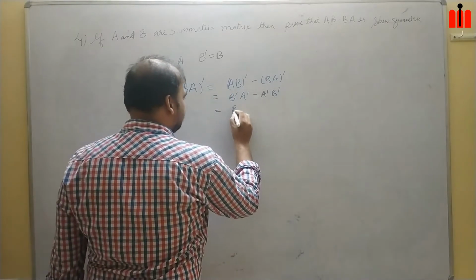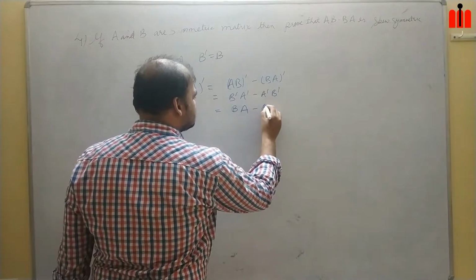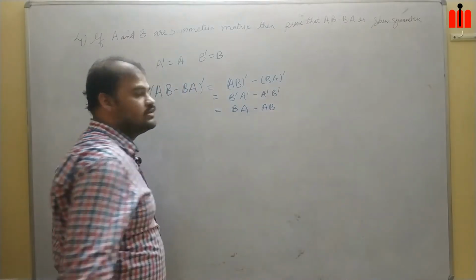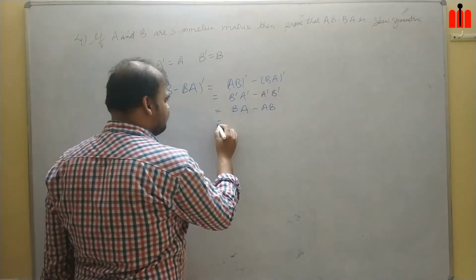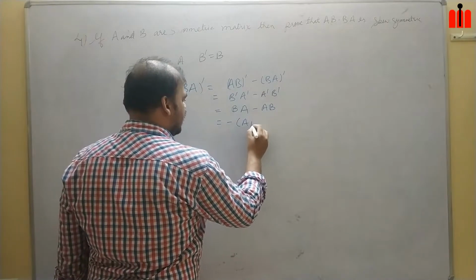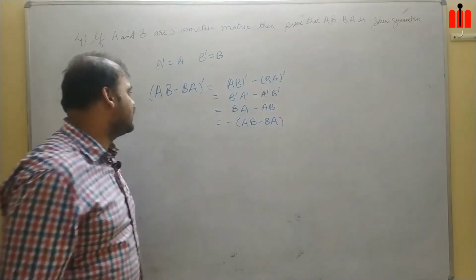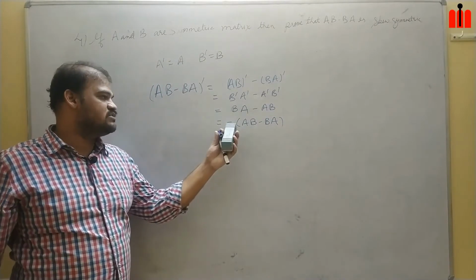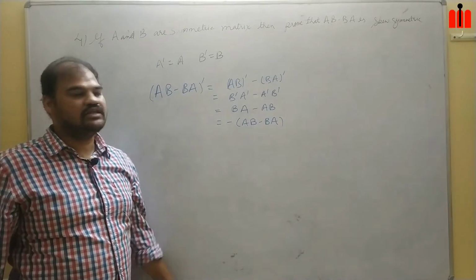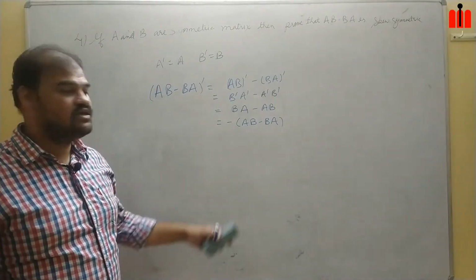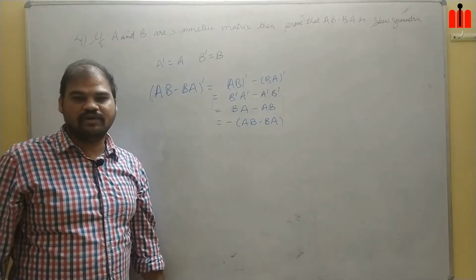So it will become BA minus AB, right? So it will become minus of AB minus BA. Okay, so the transpose of AB minus BA is minus of AB minus BA. That means this is skew symmetric. This is the definition of a skew symmetric matrix.